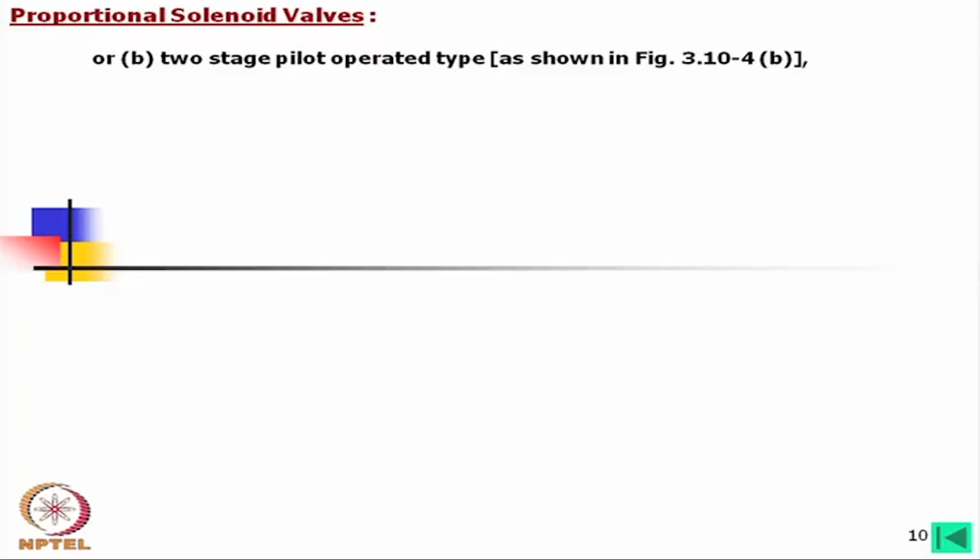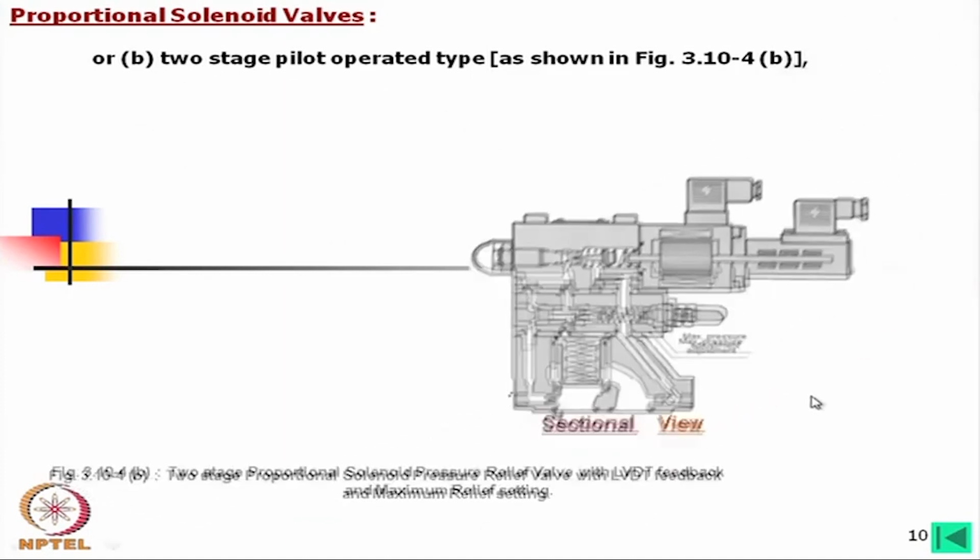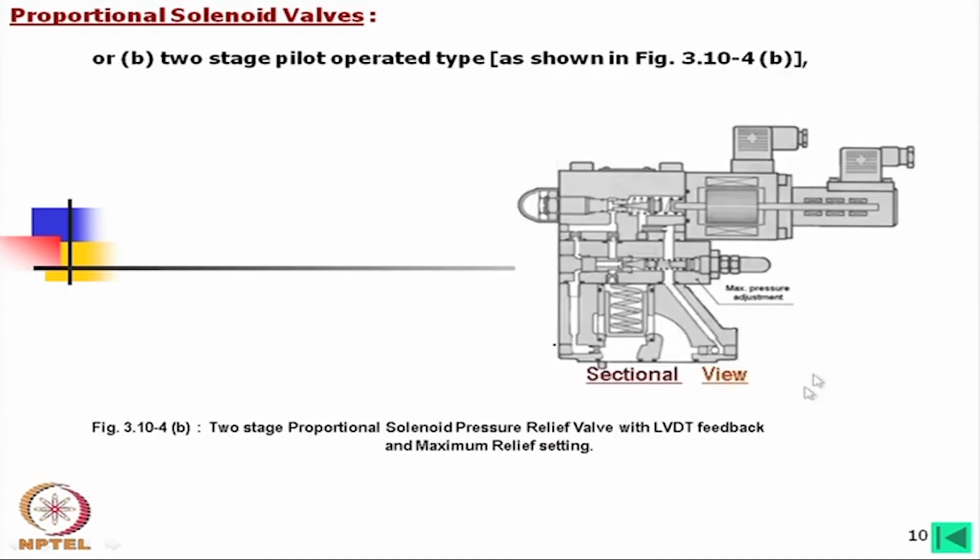So, where we need more stability and a very varied or frequently varying pressure range, in that case we will prefer a two-stage pilot operated type valve. Now, this looks like, you can say, a sectional view, although it is not the original section, but on a real shape.